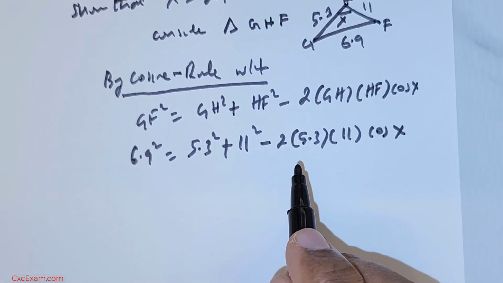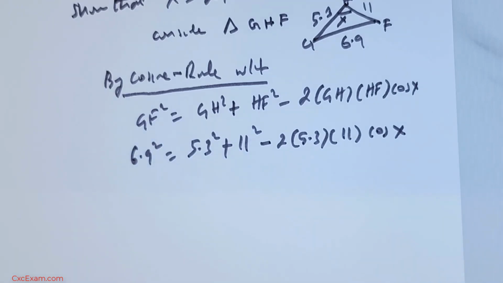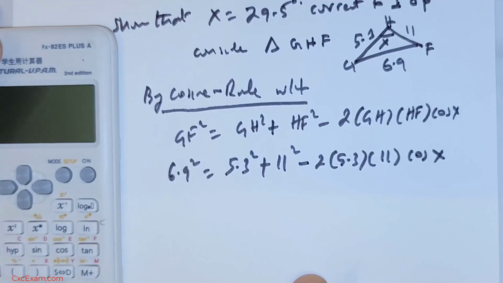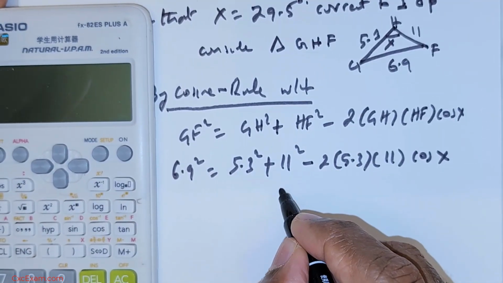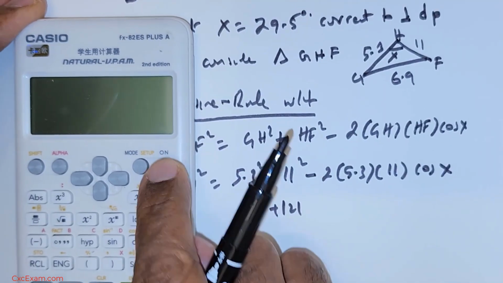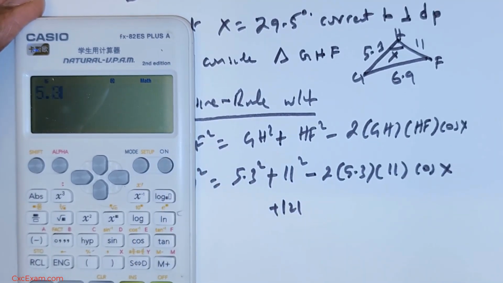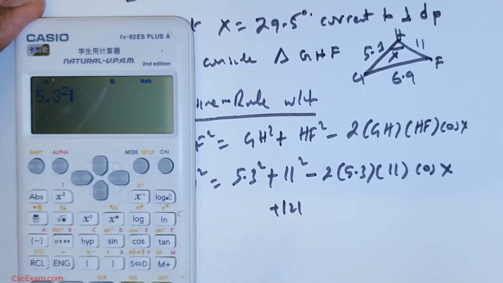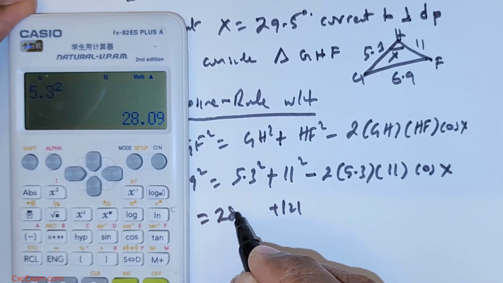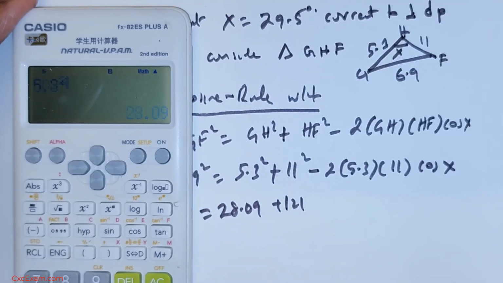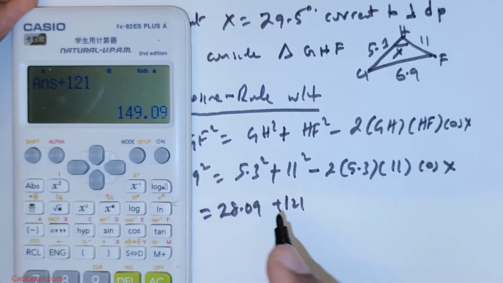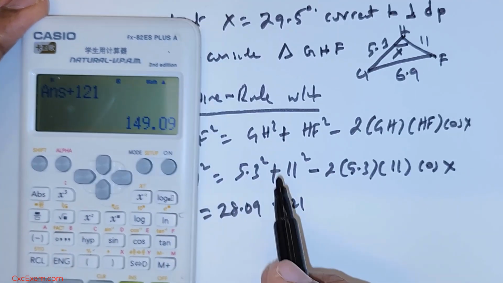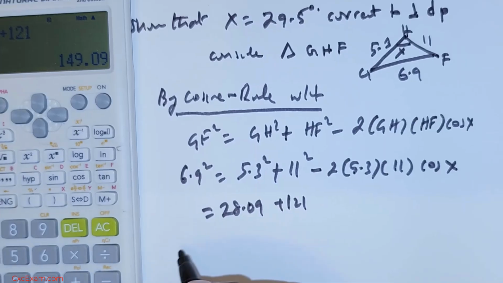So we will have to use a calculator to get the value. So 11 squared is 121. Now 5.3 squared, that is 28.09, plus 121, I would say 149.09. I'm going to move it to this end.